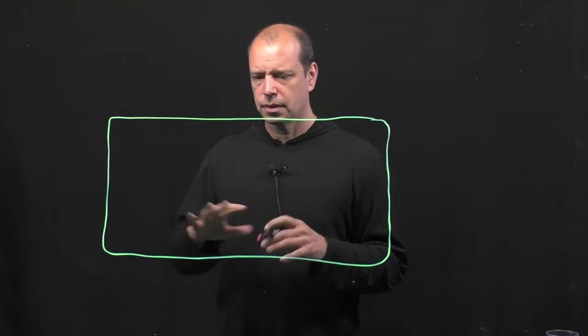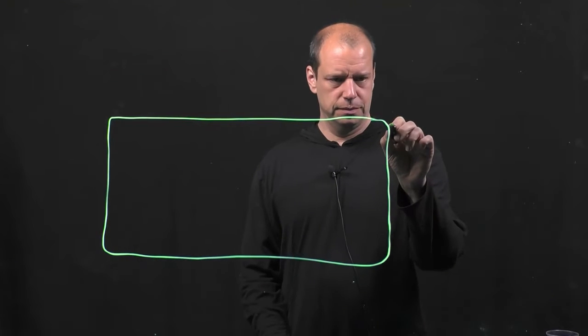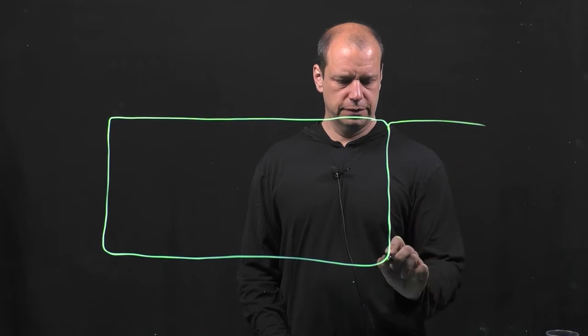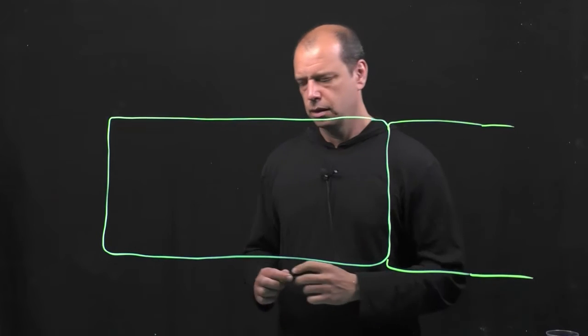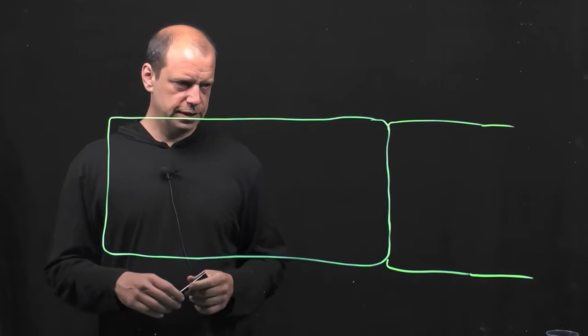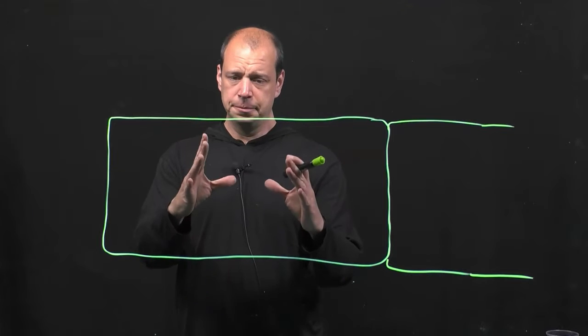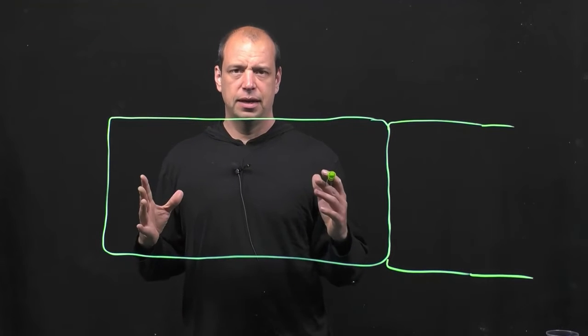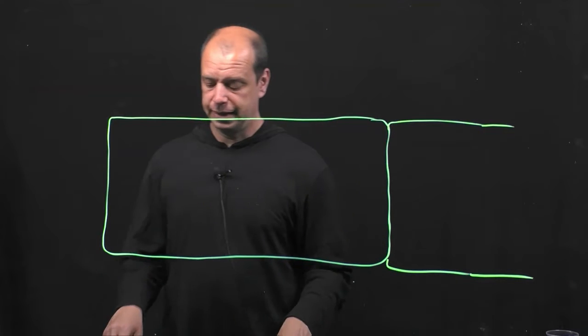So when you have these cells packed together, let's assume that you have several of them. You have a situation where the cell is liquid and is contained by a membrane, a plasma membrane, which is a lipid bilayer.